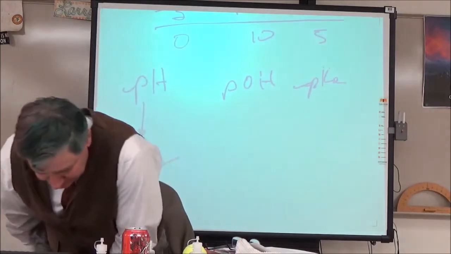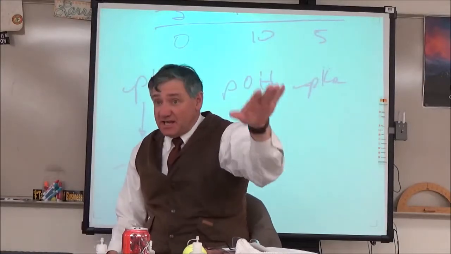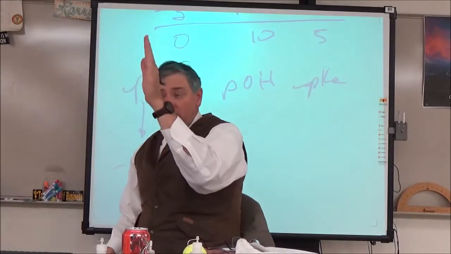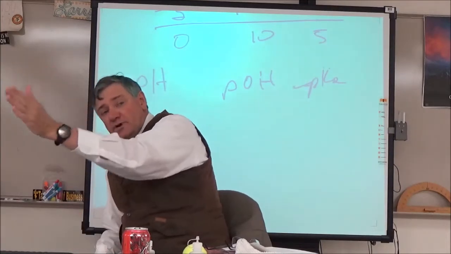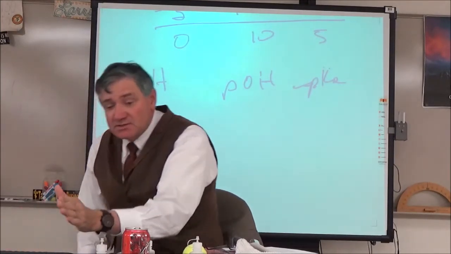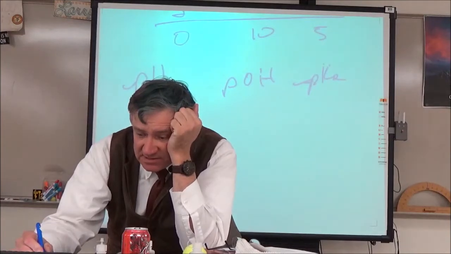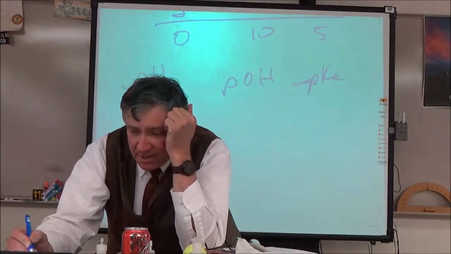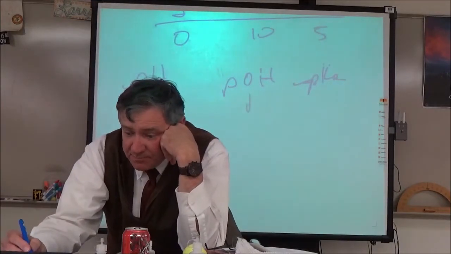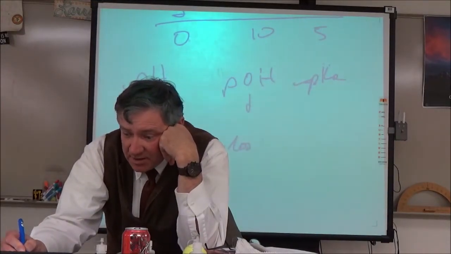Log base 10. It isn't the positive log, it's a negative log. So anytime you see P, you're taking the negative log of whatever comes after it. So when you see pH, that stands for the negative log of your hydronium ion concentration. Your pOH is the negative log of your hydroxide concentration.